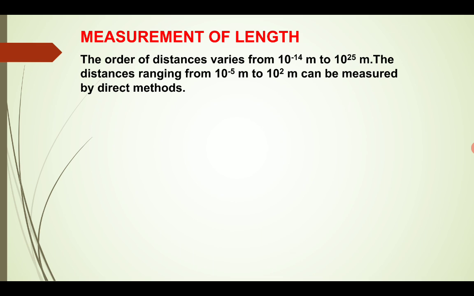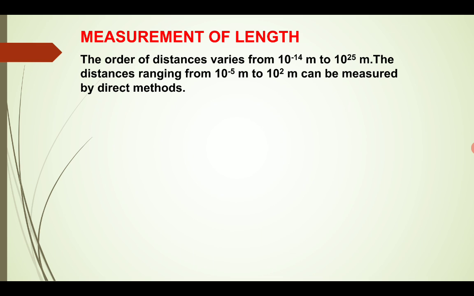Now this 10 raised to power minus 14 meter is the order of the radius of a nucleus, and the 10 raised to power 25 meter is as large as the size of the universe. So we are considering methods to measure these lengths.